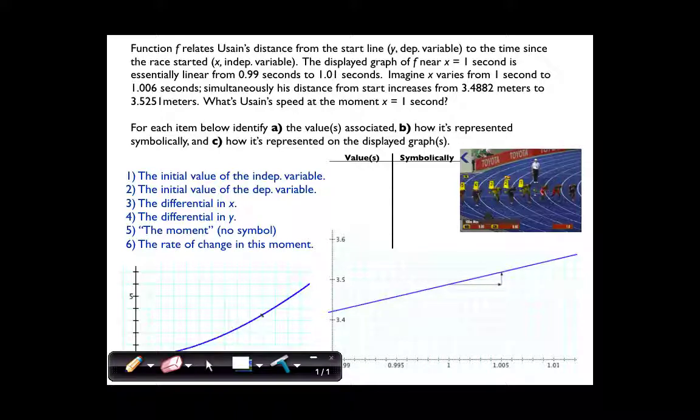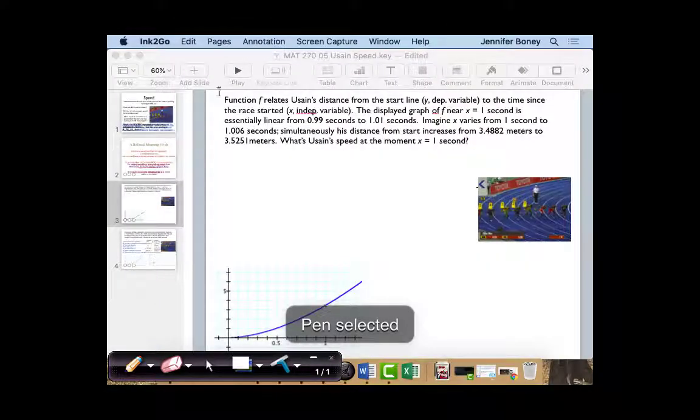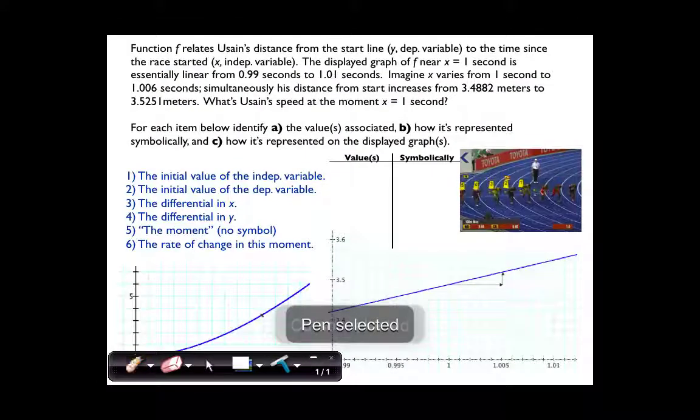All right, so looking at this motion here, what could I call as a symbol the initial value for the independent variable? So independent variable, the letter is generally x. So if I want to indicate the initial value, yeah, x sub i. So x sub i.